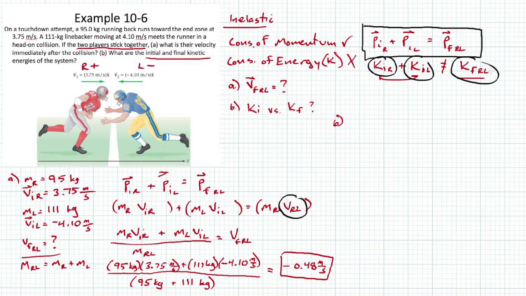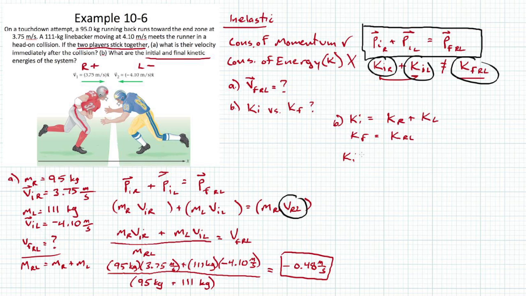But let's find out what they are. Initial kinetic energy is the kinetic energy of the running back plus the kinetic energy of the linebacker. Final kinetic energy is simply the kinetic energy of the running back and linebacker system.